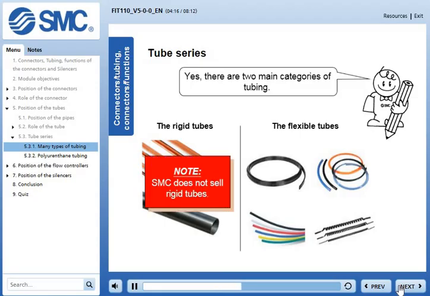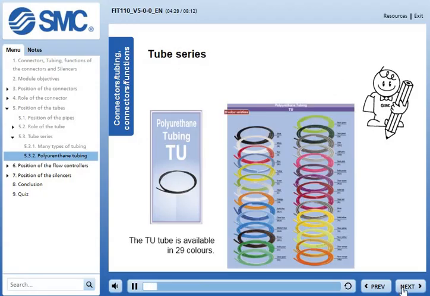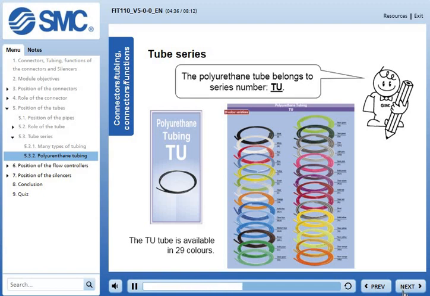The main material in the SMC flexible tubes is polyurethane, a very flexible material. SMC also offers other tubing materials, but that will be covered in another module. The polyurethane tube belongs to series TU. The TU tube is available in 29 colours and covers exterior diameters of 2 to 16 mm.